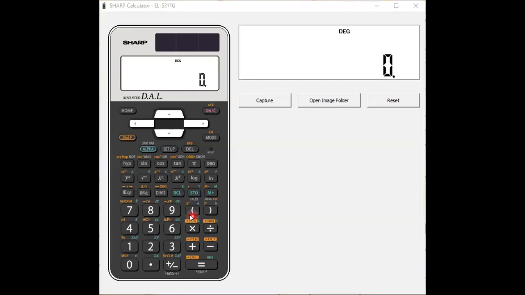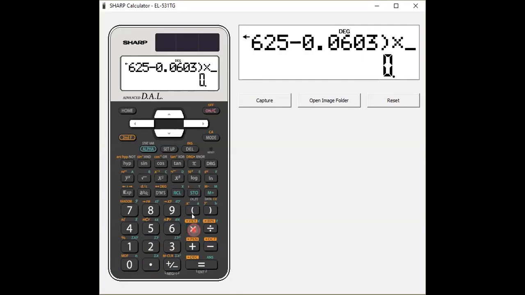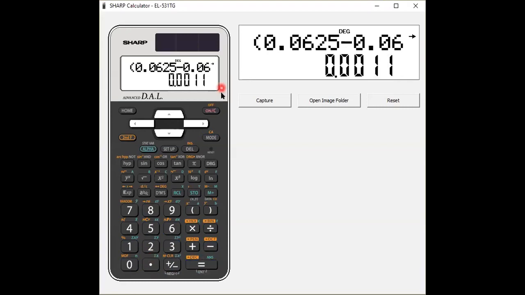We would say open bracket 0.0625 minus 0.0603 close bracket times 180 divided by 360, and we get 0.0011. Okay, so that's how we got the top part.